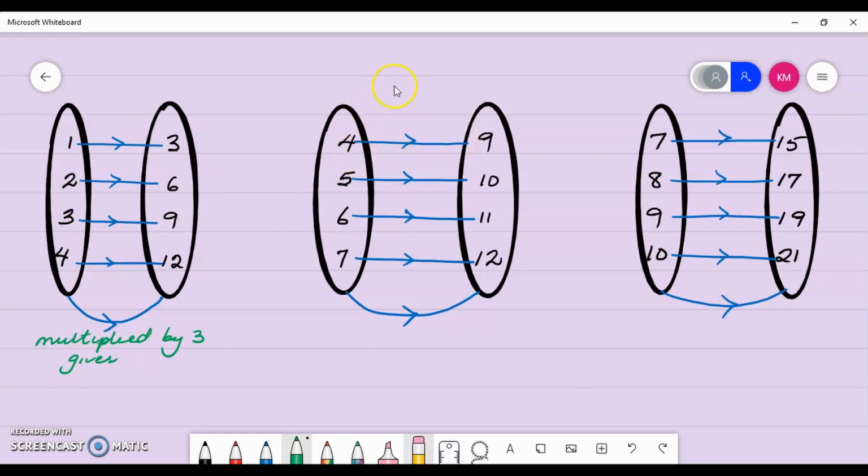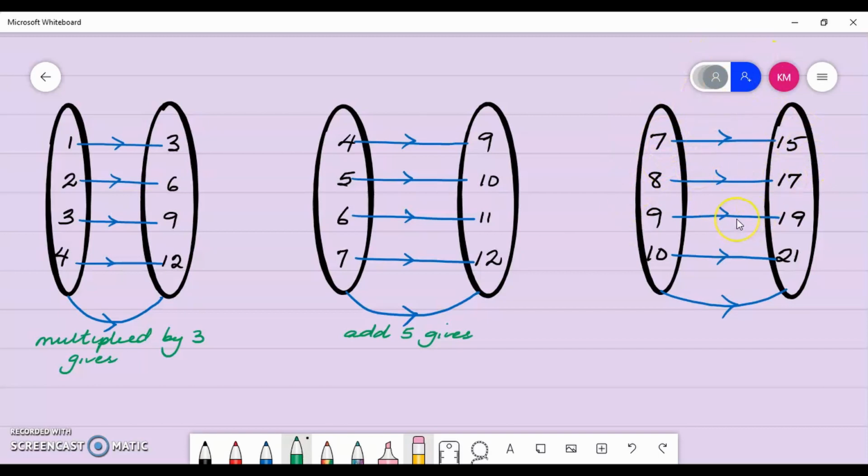So 4 plus 5 gives 9, 5 plus 5 gives 10, 6 plus 5 gives 11, and 7 plus 5 gives 12. So I can write add 5 gives. So it reads 4 add 5 gives 9.